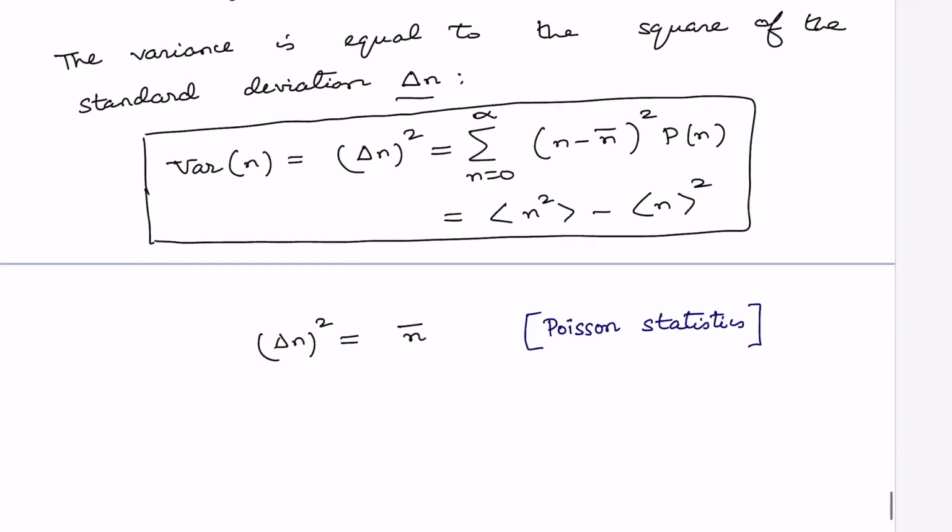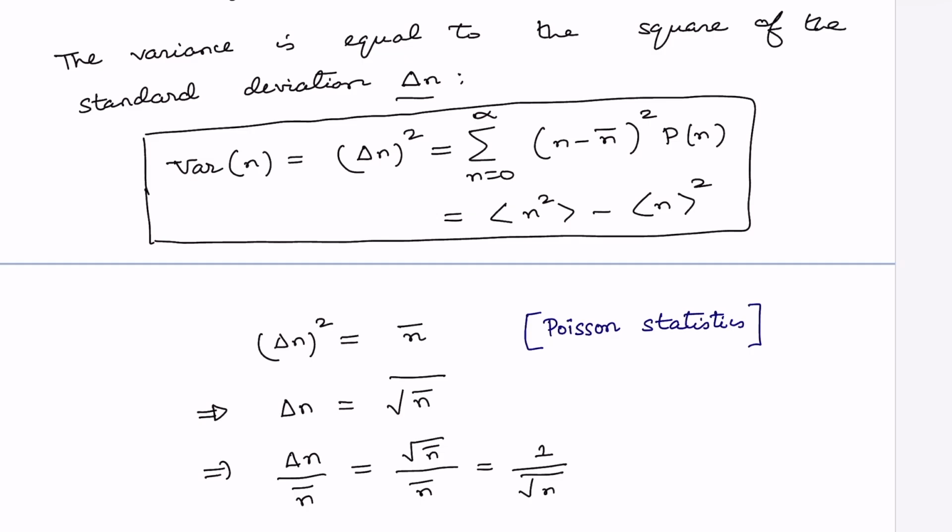It's a well-known result there. Therefore the standard deviation delta n is simply the square root of the mean value n bar, and from here if I divide both sides by n bar, I will get root n bar divided by n bar. So this gives me 1 divided by square root of n bar.